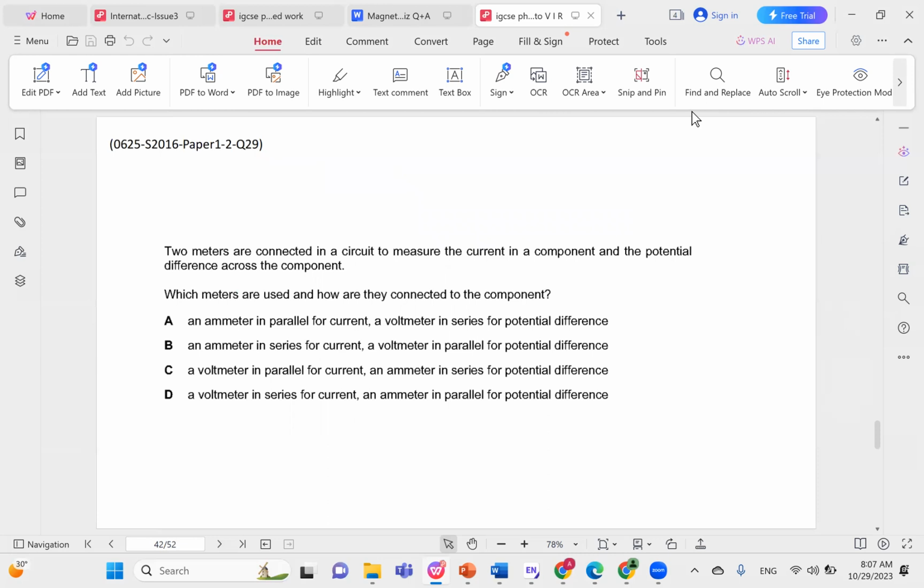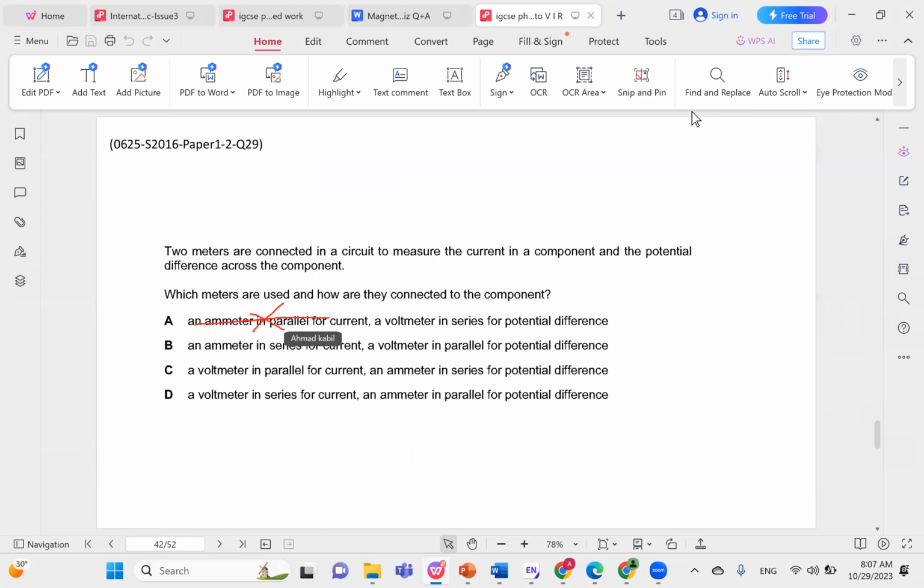2 meters are connected in a circuit to measure the current in a component and the potential difference across the component. Which meters are used and how are they connected? So we know that an ammeter is connected in series, not in parallel, so this is wrong.